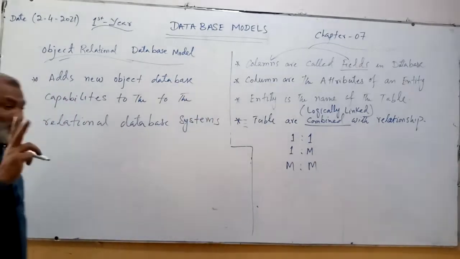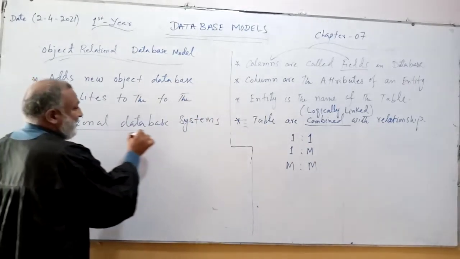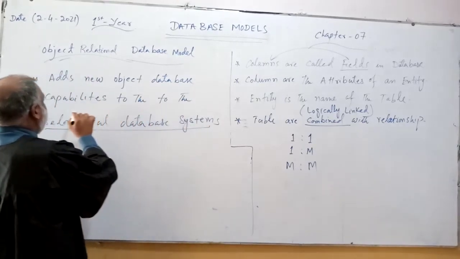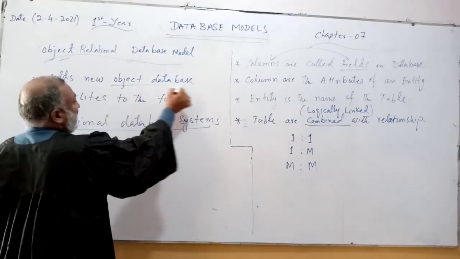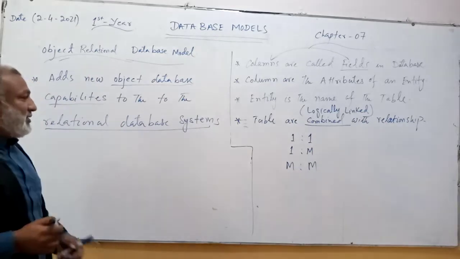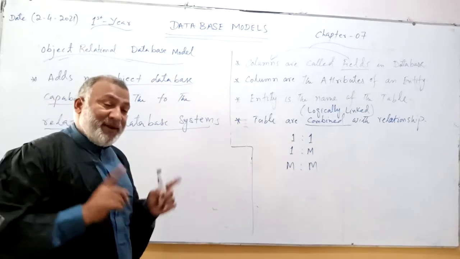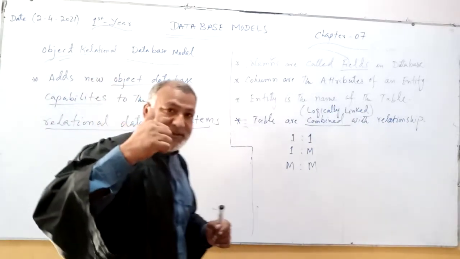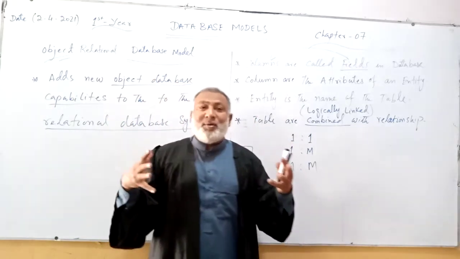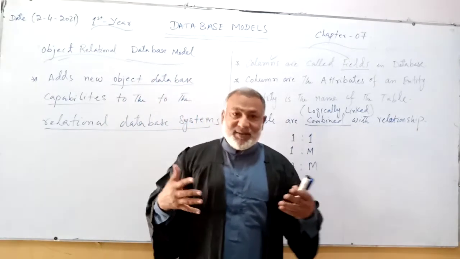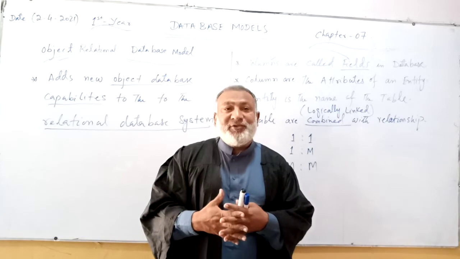We are using two terms, relational database system and object database capabilities. What is the relational database model? We have already discussed: data is stored in the form of relations, tables, and they are linked. There is a relationship between them.